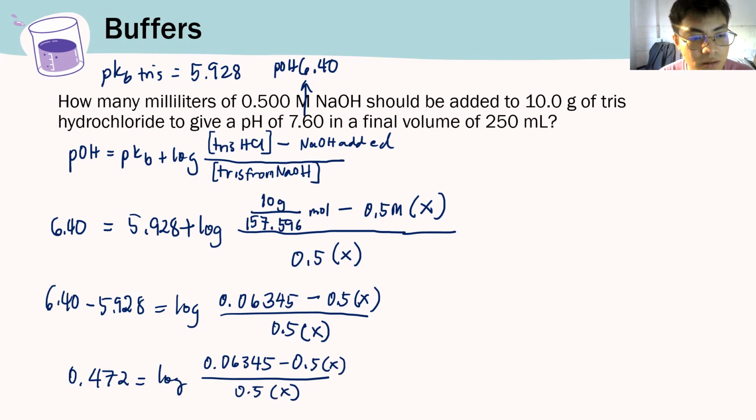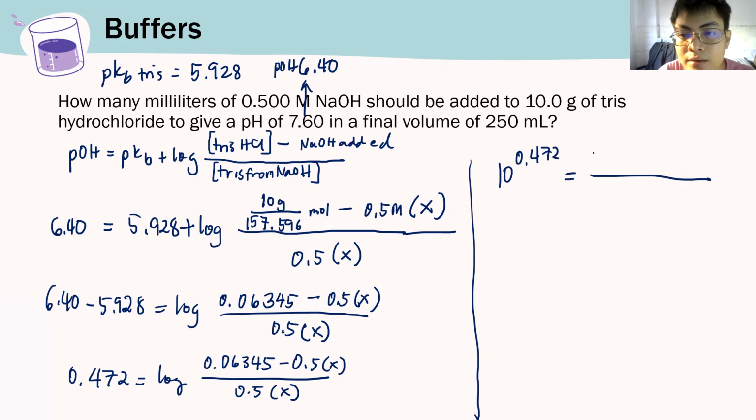Now, you can solve for x. You can use shift solve, or you can take the anti-log. I'll just take the anti-log. So let's take the anti-log of both sides. You have 10 raised to 0.472 equals the fraction 0.06345 minus 0.5x, over 0.5x.